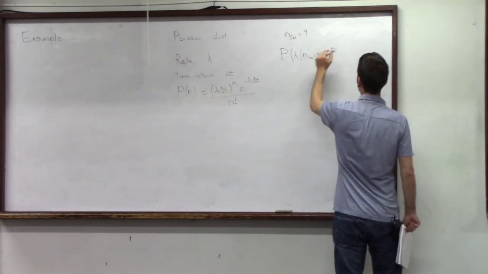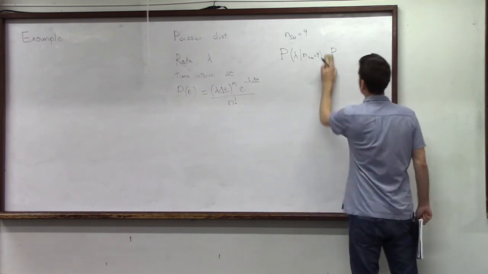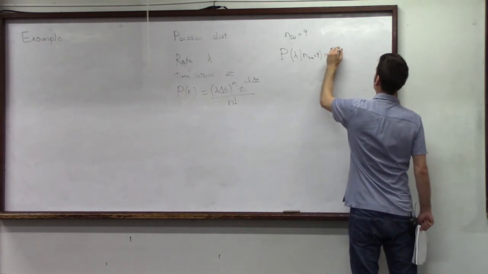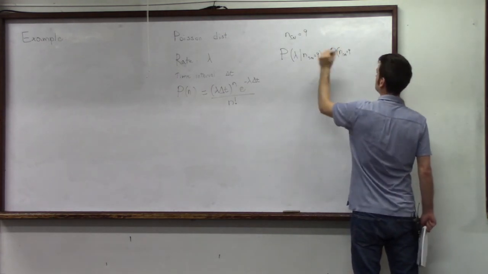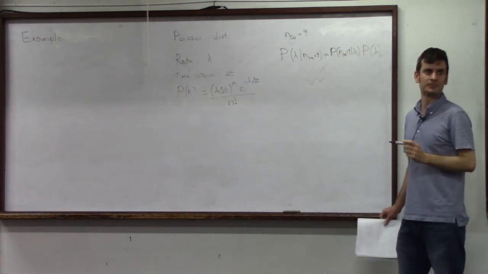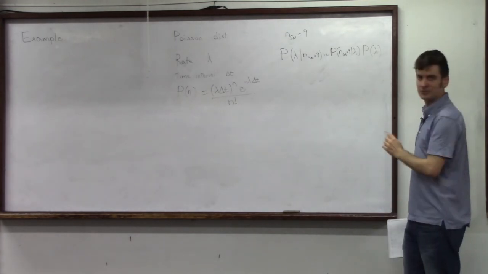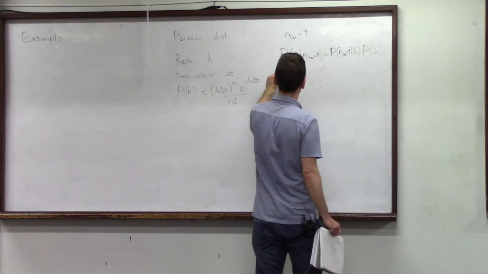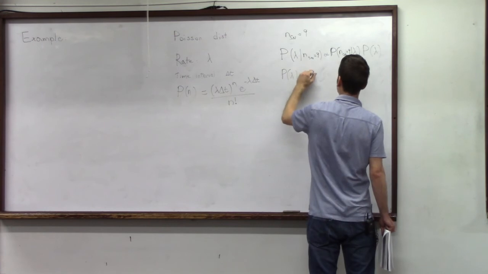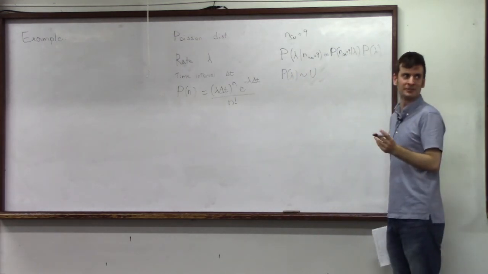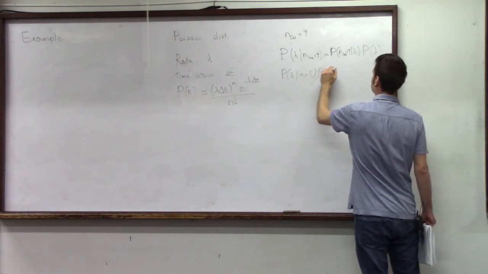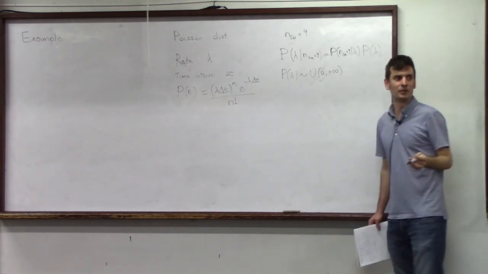So this is the likelihood, times the prior. For simplicity, let's take a uniform prior. The rate must be positive. Doesn't make sense to have a negative rate, so we can take any value between 0 and infinity.